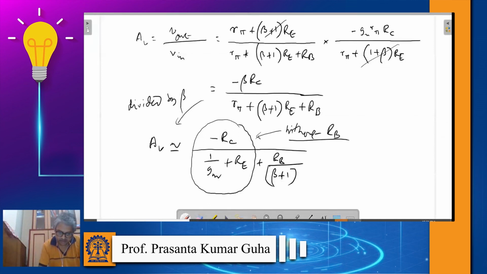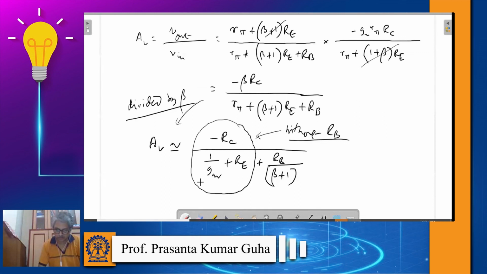You are right, but the reason I changed it here is to get that expression. Beta is maybe 200, so 200 plus 1, 201, is the same thing, I am assuming here. It is just to simplify the expression so that you see that this is the gain of that circuit when there is no RB.